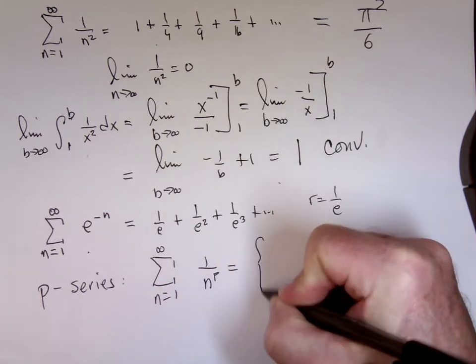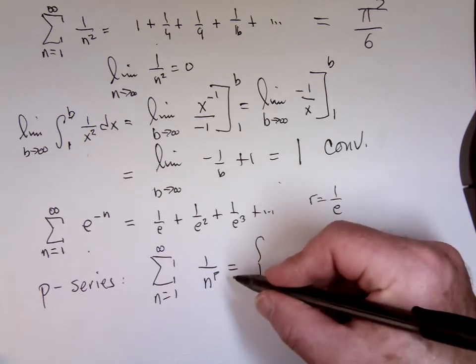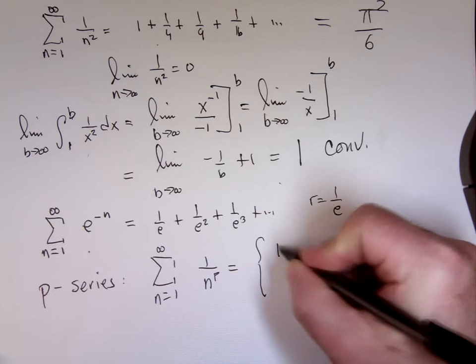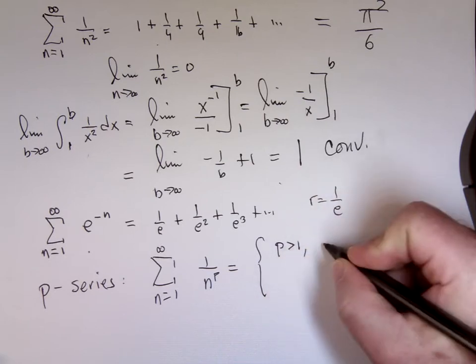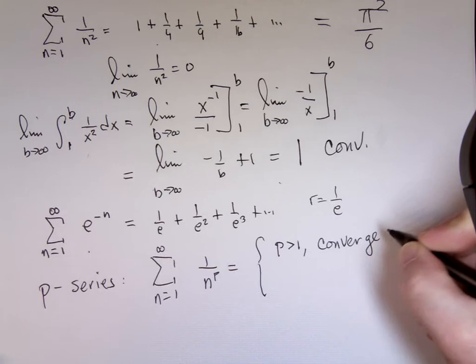Since we can use an integral test on this, we can say this. If P is greater than 1, the series will converge. And we could prove that with an integral test.